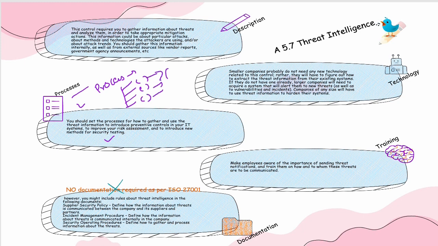If the impact is high, you will hold a stakeholder meeting, and if it is very high risk, you take immediate action. So the process needs to be defined, so it will help your risk assessment for these new threats. And once you have risk assessment, you will have a better preventive plan.